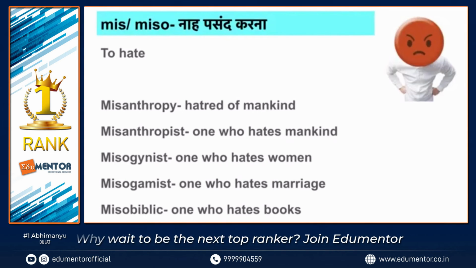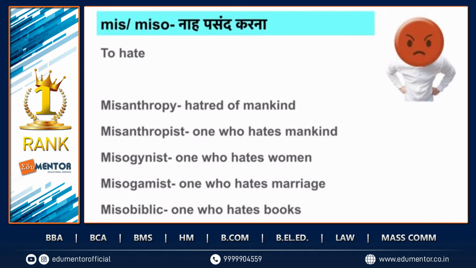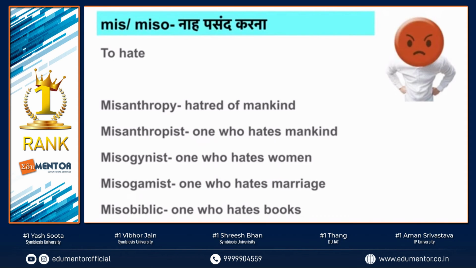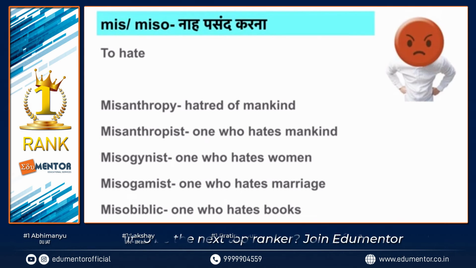So meso means when you hate something, when you loathe something, when you don't like something. For example, misanthropy. Anthrop is man, so a hater of mankind, a person who doesn't like mankind.